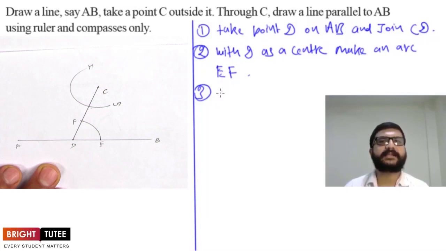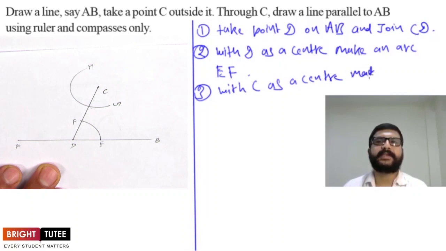So what we have done in this step, with C as a center, make an arc GH. And then the next step is we have to take a radius equal to the line segment EF.